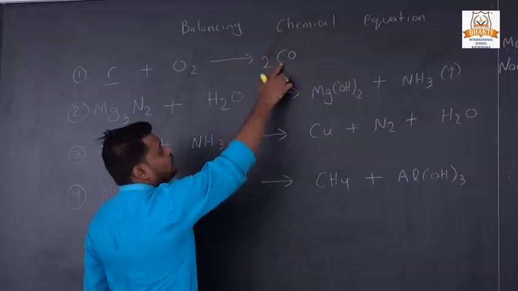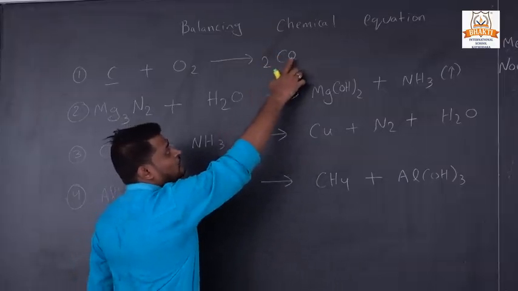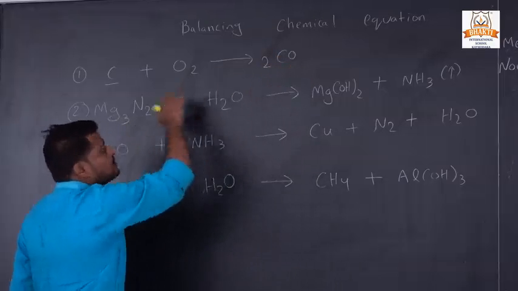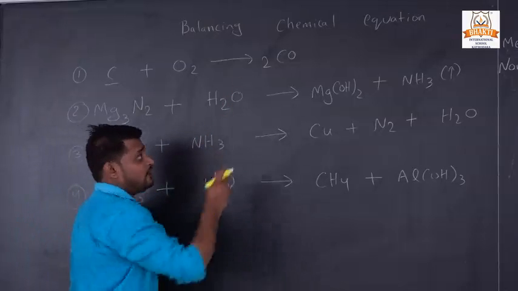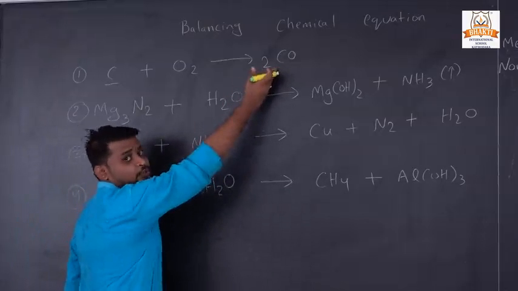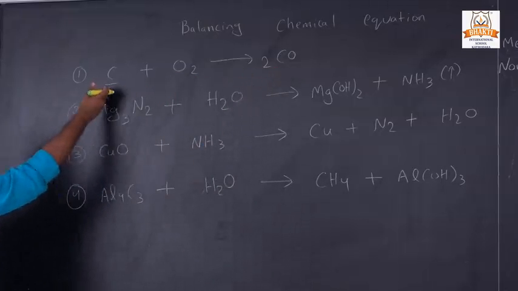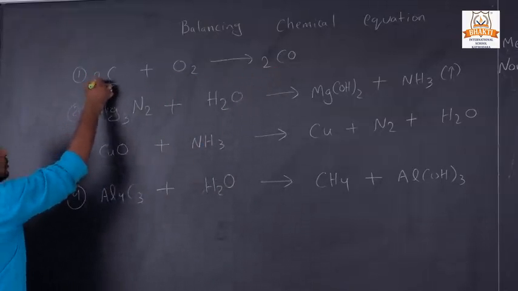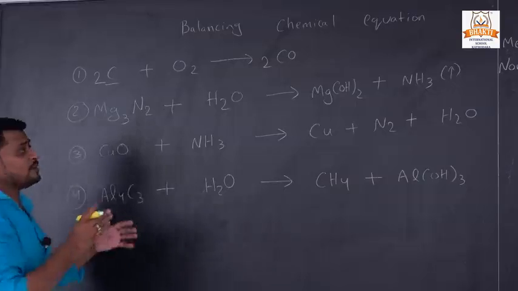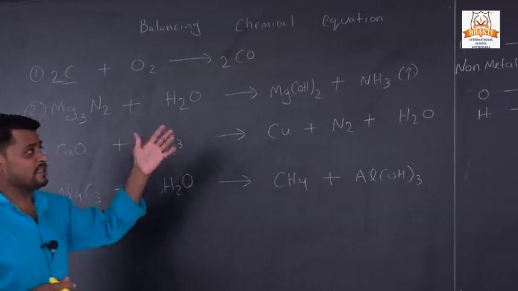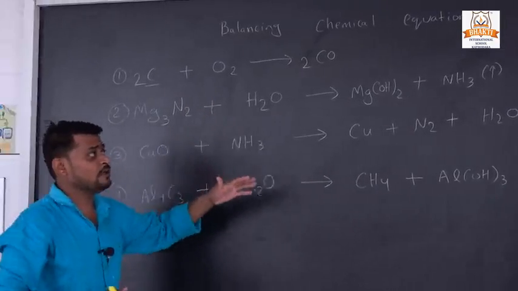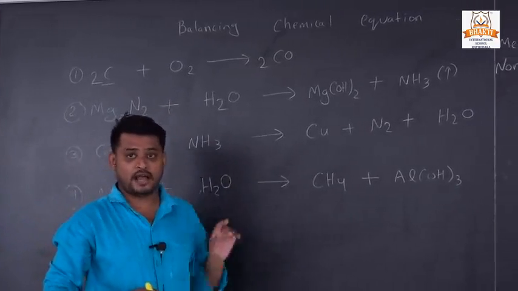Now the carbon is 2 and oxygen is 2, so oxygen is balanced, but carbon is not balanced. Why? Because here carbon is 2, and here 1. So we multiply here by 2. We will balance every equation like this. First we balance metal, then non-metal, then oxygen, and then hydrogen.